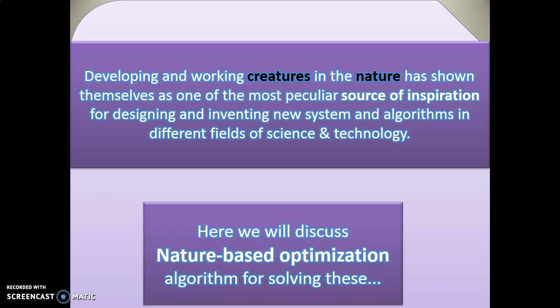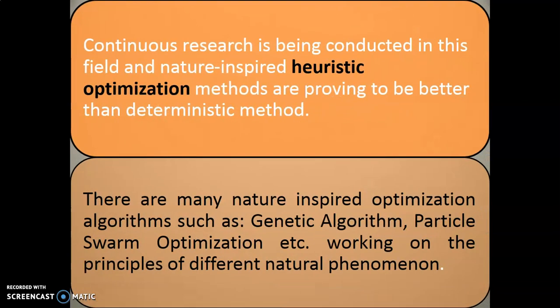Working creatures in nature like ants, bees, birds, wasps have shown us a new path to optimize things, because they have the basic nature to optimize. So here we will discuss what is nature-based optimization, or what are the nature-based techniques.